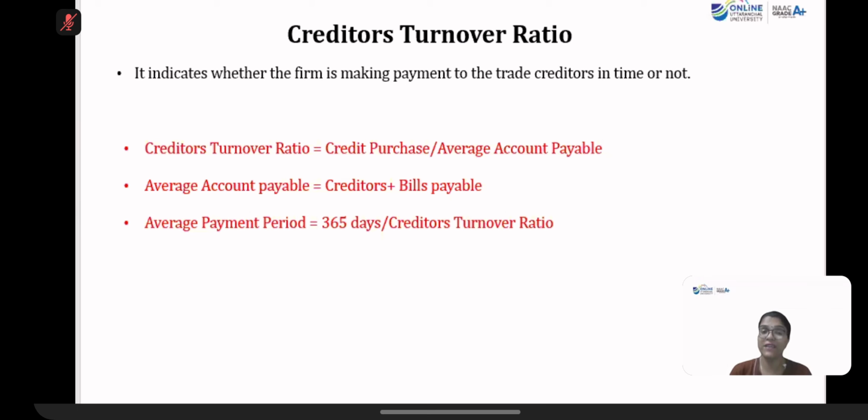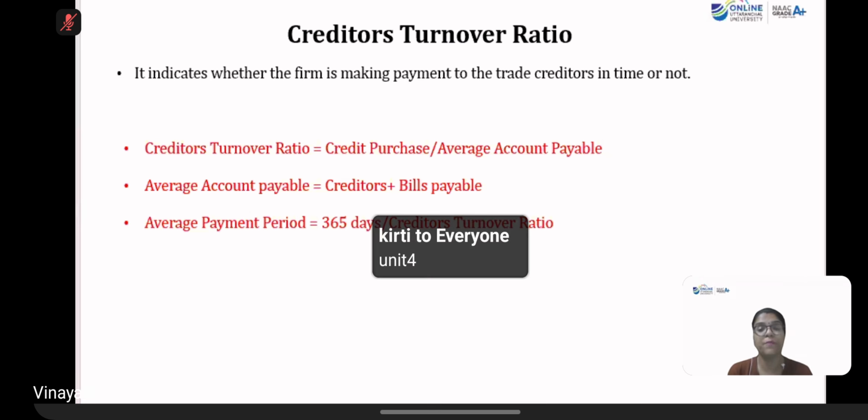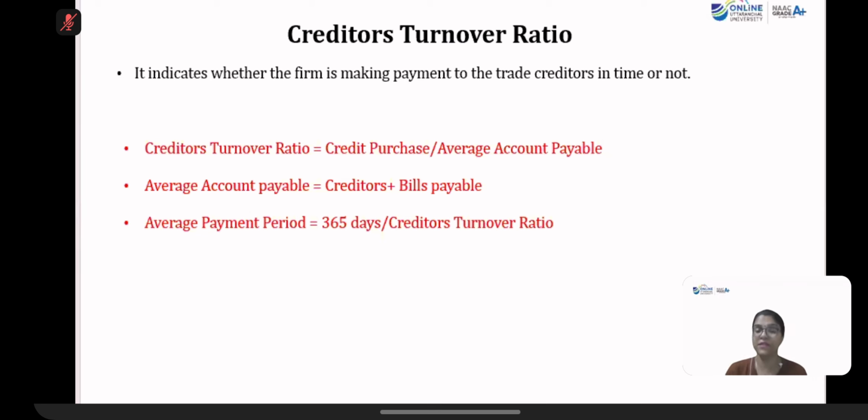So the formula that we use here for creditors turnover ratio is credit purchase divided by average accounts payable. Average accounts payable is calculated when you add creditors and bills payable. The average payment period you calculate with the formula of 365 days divided by creditors turnover ratio.